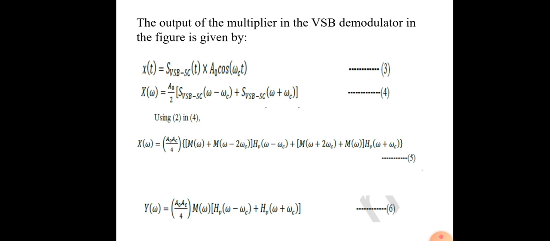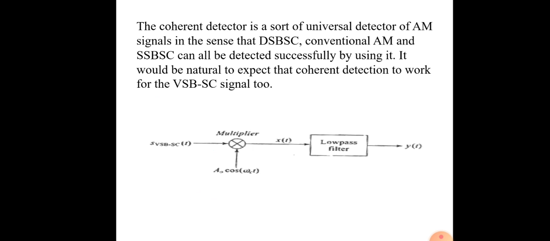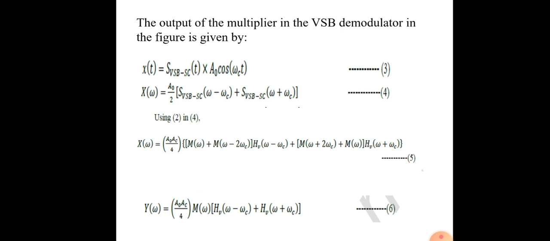Then we apply the Fourier transform, so the t terms are converted into omega, and the equation changes like equation number 4. Then using equation number 2 and 4, we substitute, and the equation becomes like that, where H of omega is shown in equation number 5.